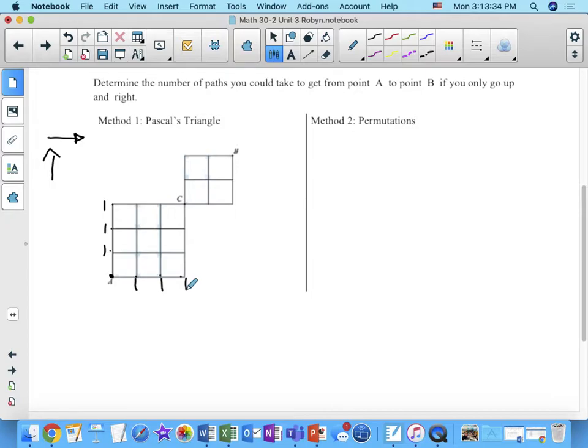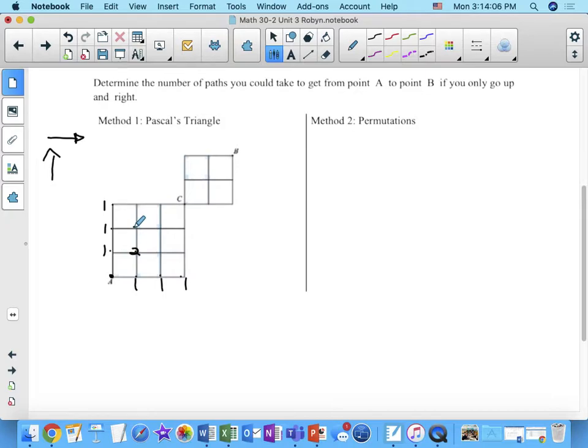How many ways are there to get to this spot? 2, because I could go right first and then up, or up first and then right. So there's 2 ways to get there. How many ways are there to get to this spot right here? 3, because I would have had to come from below or from the left.